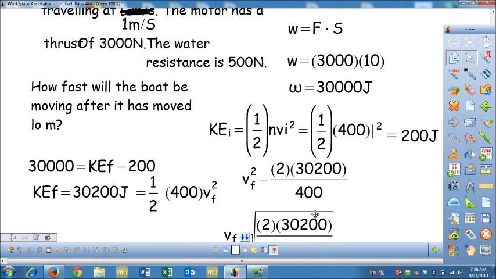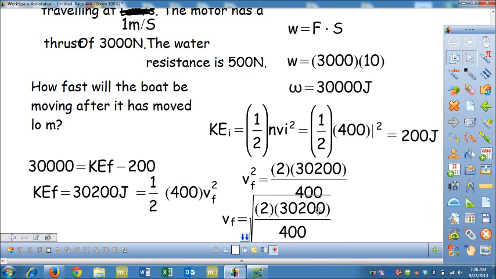Make a little room here. So then, if we put it in the calculator, let's see. 2 times 30200 divided by 400, square root of the answer.